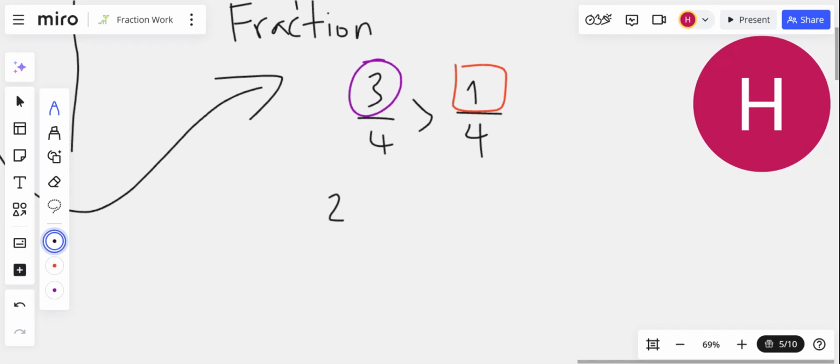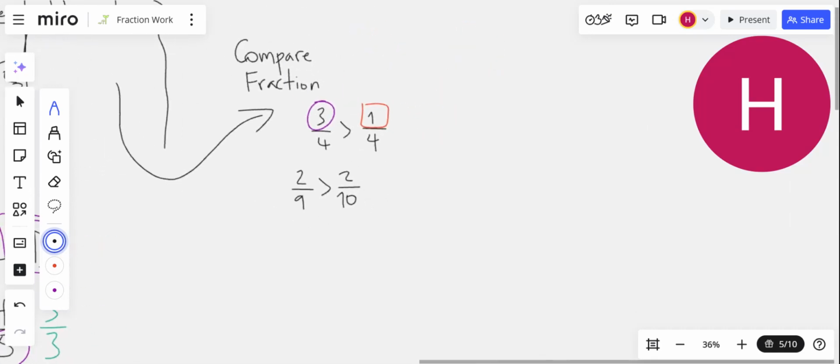And just like we saw earlier, that 2/9 is going to be greater than 2/10, and that's because we have the same number of cookies this time, but different numbers of people. So whatever group has fewer people, but the same number of resources to distribute, each person's going to get more of the resource. But what if they're not the same numerator or denominator? How do we compare fractions?